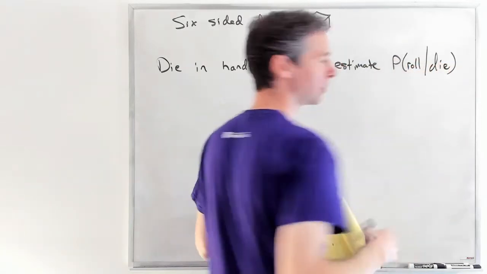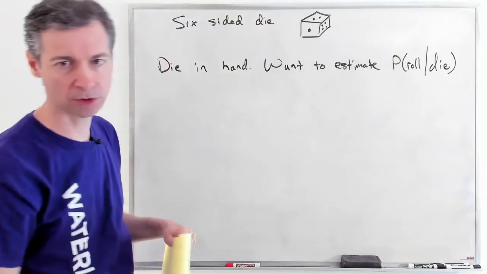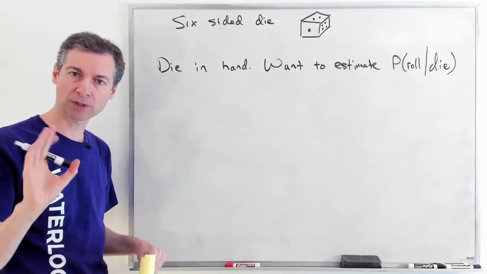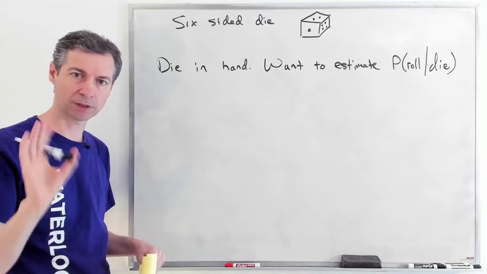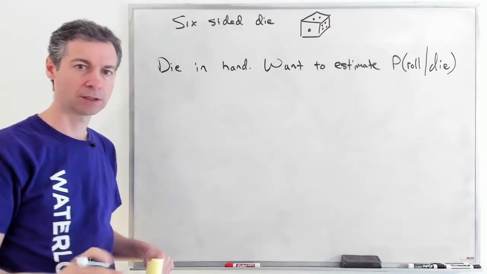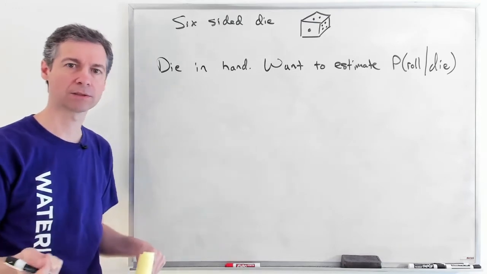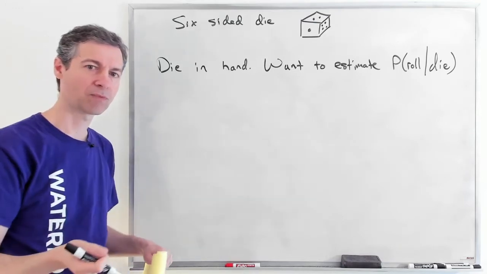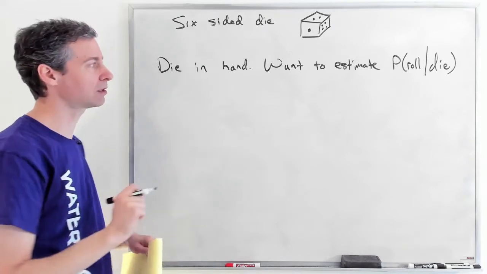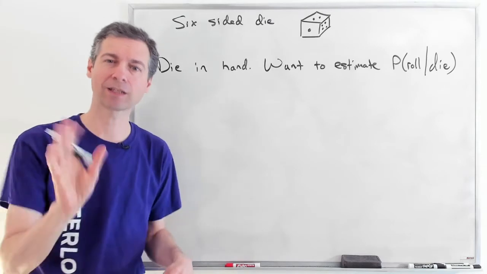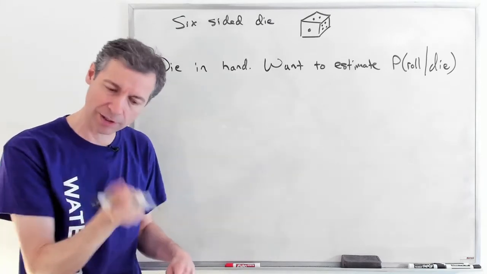So this roll could be probability of a 1, probability of a 2, probability of 3. You want to figure out the parameters of this model, the model of the die, and you have one in your hands right now. And let's pretend that you actually have a biased die. I know it's a biased die, and it's in your hands right now.